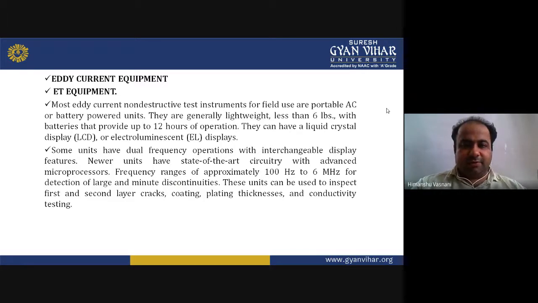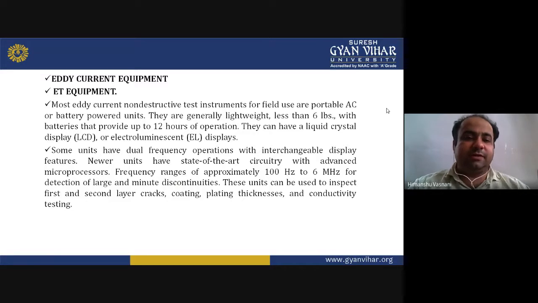Some units have dual frequency operation with interchangeable display features.